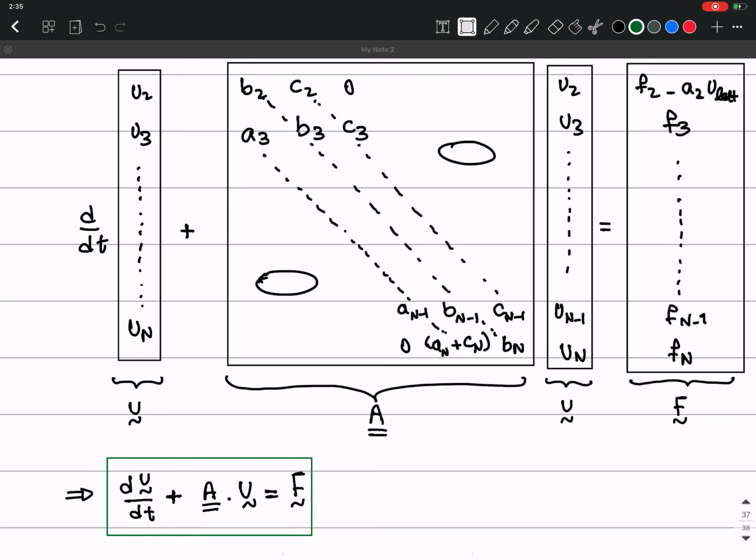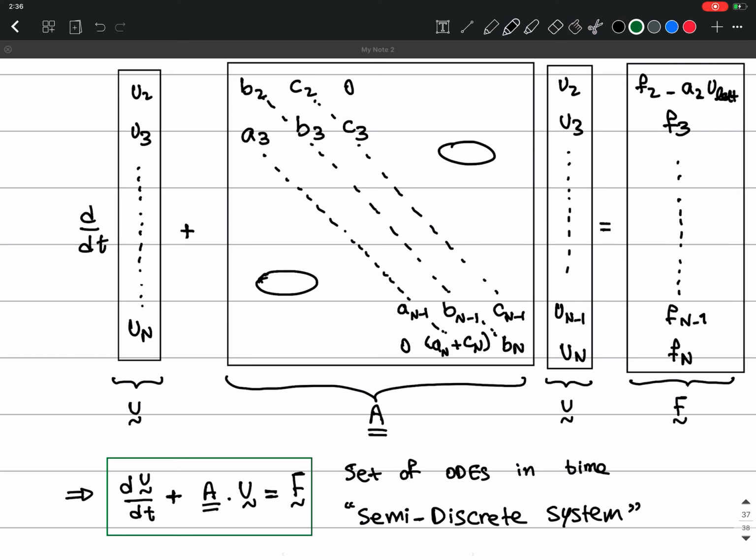So this is a matrix representation of this system, and so these are just a set of ODEs, ordinary differential equations, in time, and we call this semi-discrete system.